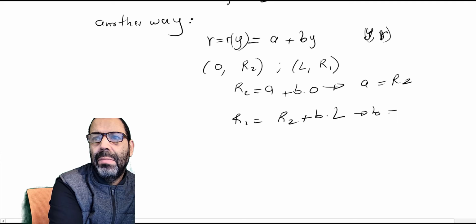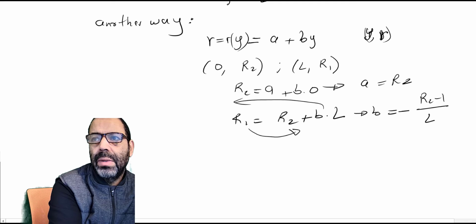From here we can find b. I'm going to move R2 to the other side, so it's going to have a negative: b equals minus (R2 minus R1) divided by L. This is simple algebra that I hope you can clearly get through.